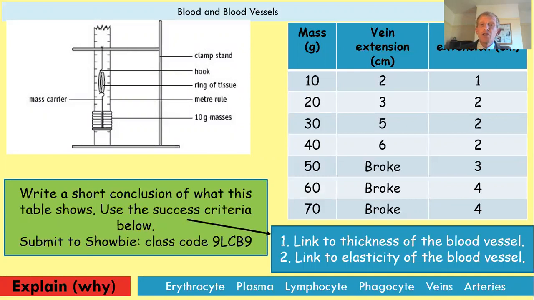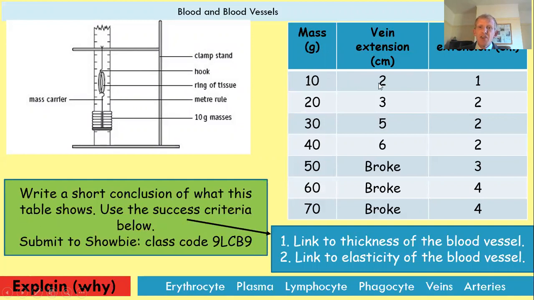Now, what you can see here is actually someone's already done that. I'm going to move this over here. Get that out the way for you guys. What you can see here is that we've got a series of results from someone who's done that experiment. They've added different mass weights, 10 grams at a time, and then they've measured how far the blood vessel has stretched down on the ruler here.